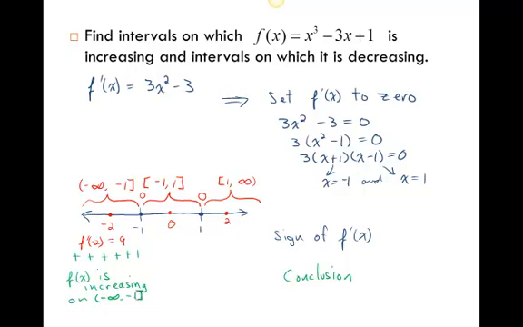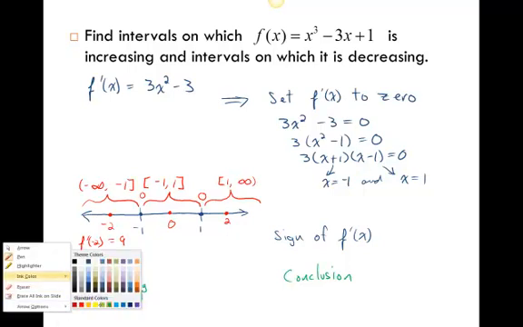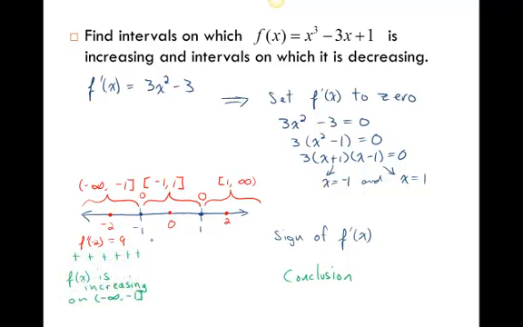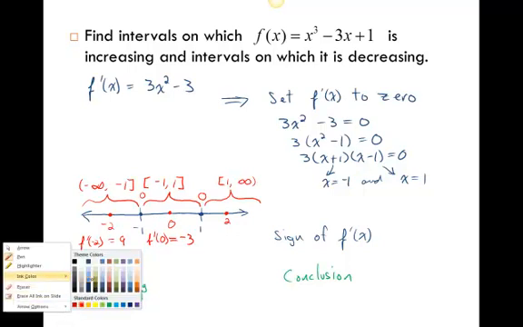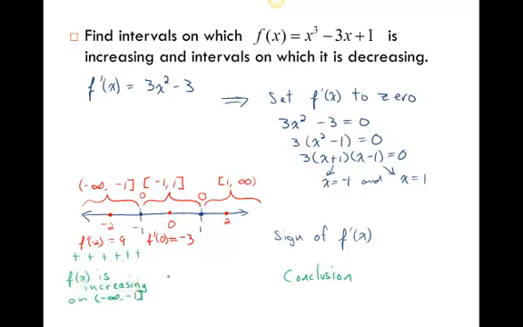Okay, so we want to do this again. We want to evaluate it at our other test point. So our other test point is 0, so we need to evaluate the derivative at 0. So we get 0 squared is 0 times 3 is 0 minus 3 is negative 3, right? So let's switch the color a little bit for this. Let's do purple maybe.